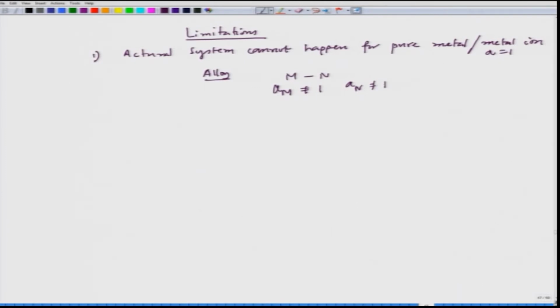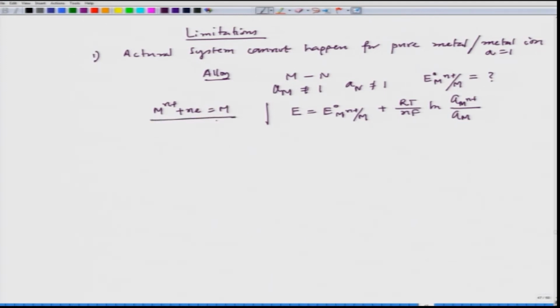In that case, if I try to find out E0 for M, or I can put it as N plus M, we cannot find it out, because if I try to see the Nernst equation, provided we have these reactions, this is not equal to 1 since it is an alloy, and this is also not equal to 1.